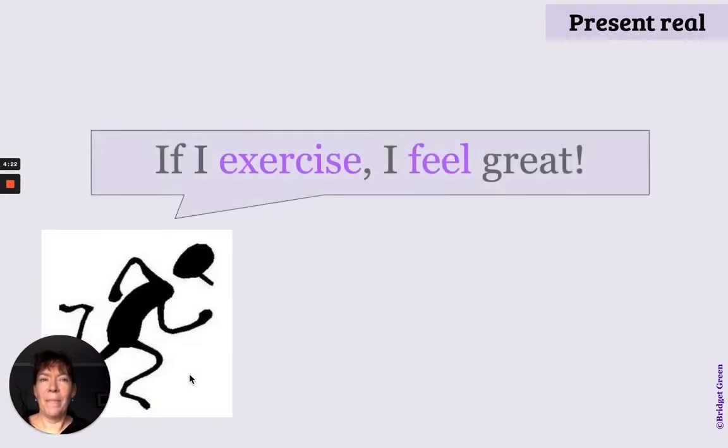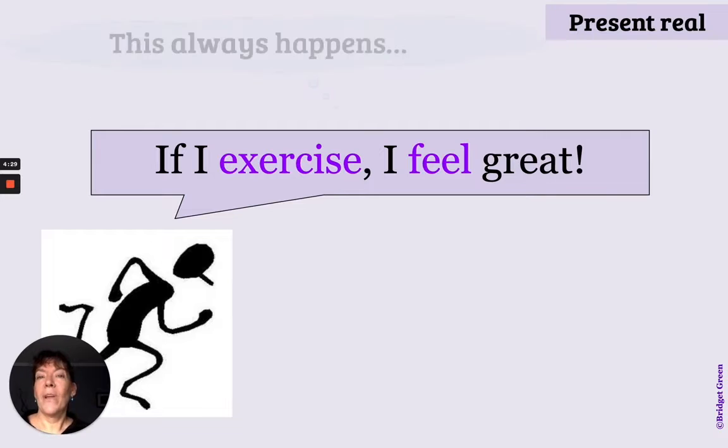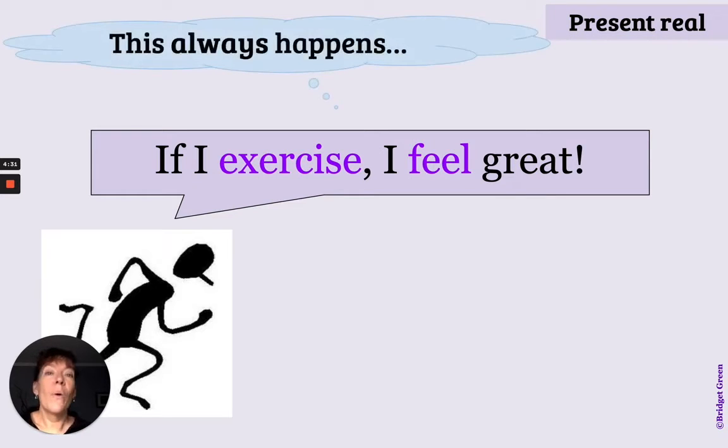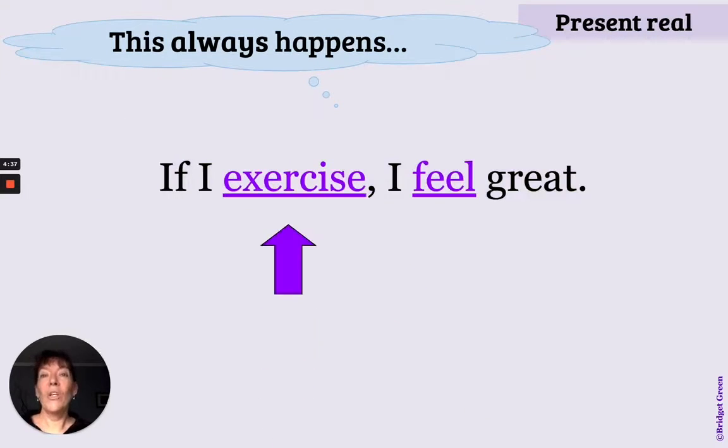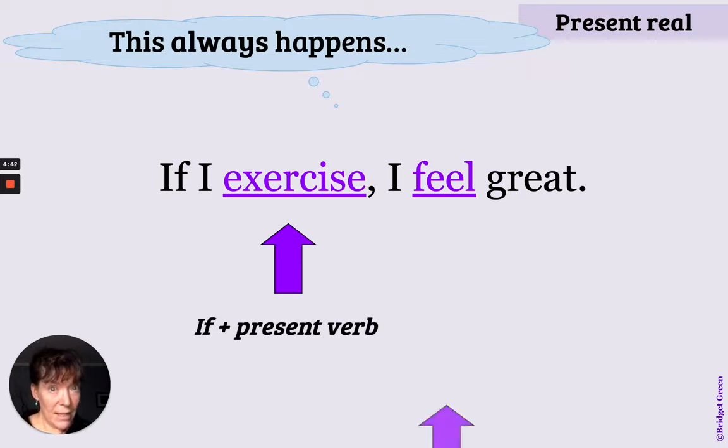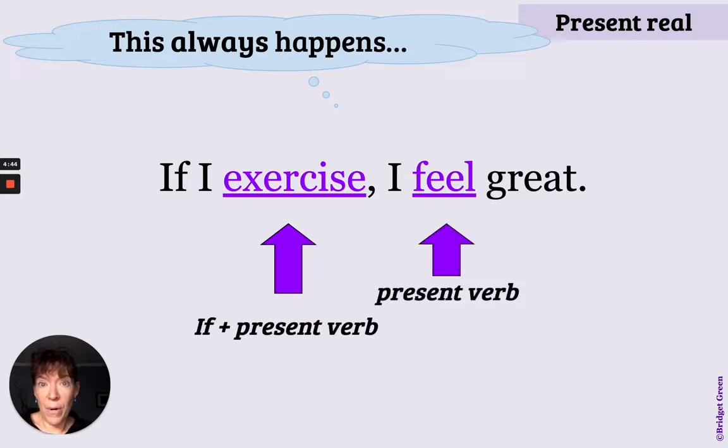Let's talk about it. Here is the present real. If I exercise, I feel great. We say this when we think it's always true. This always happens. If I exercise, I feel great. Look at the tenses. If I exercise is a present tense, and I feel is also a present tense.